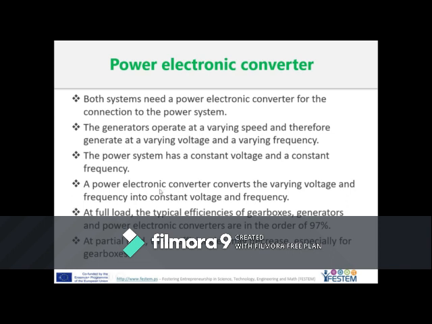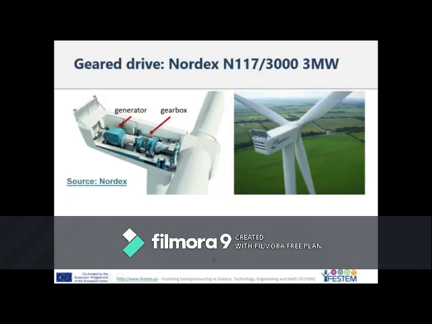A power electronics converter converts the varying voltage and frequency into constant voltage and frequency. At full load, the typical efficiency of gearboxes, generators, and power electronic converters is in the order of 97%, very high efficiency. At partial load, these efficiencies may decrease, especially for gearboxes.